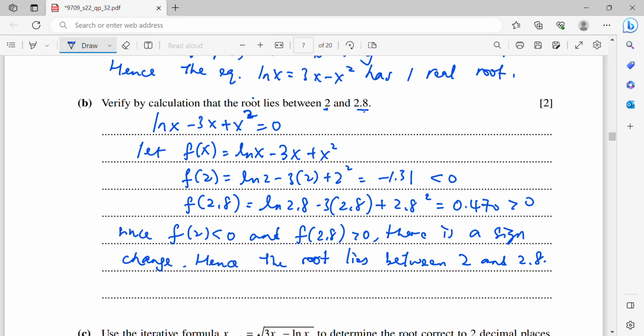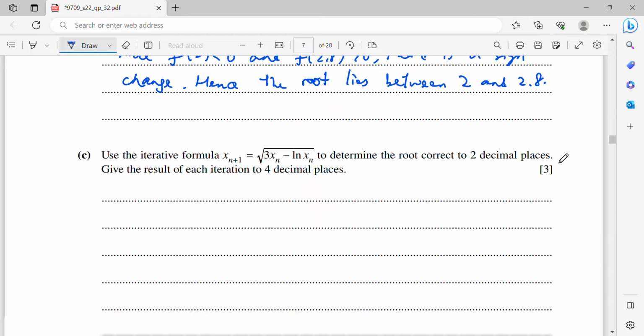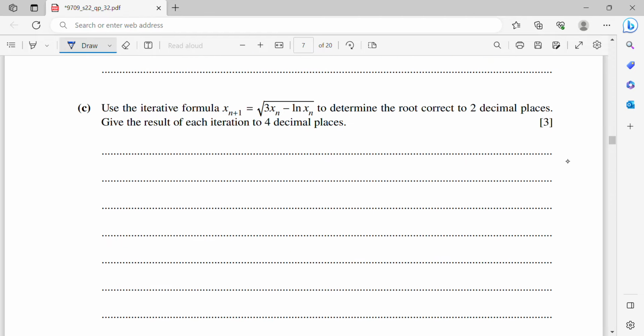Okay, so we already solved this question. Now C, use the iterative formula x(n+1) equals the square root of 3x(n) minus ln x(n) to determine the root correct to 2 decimal places. Give the results of each iteration to 4 decimal places.